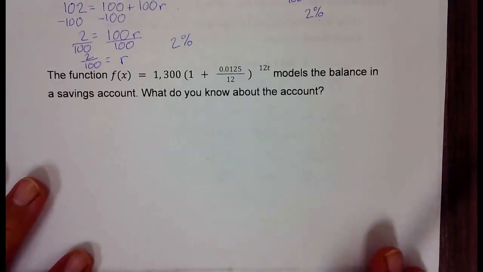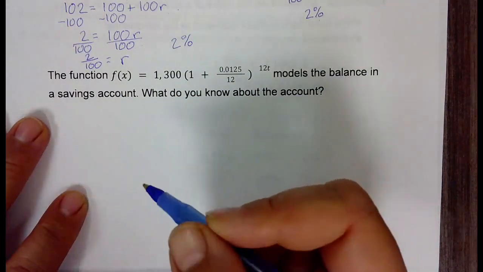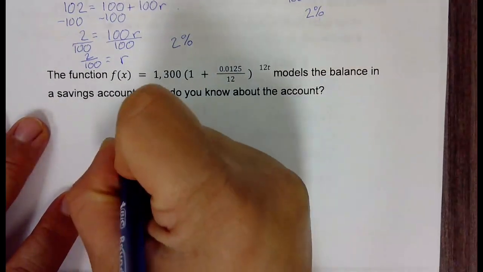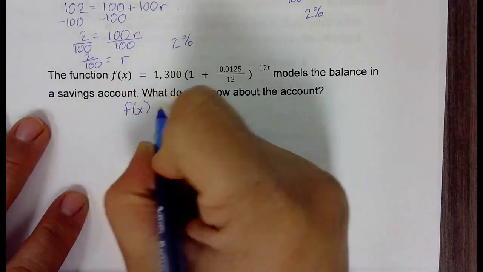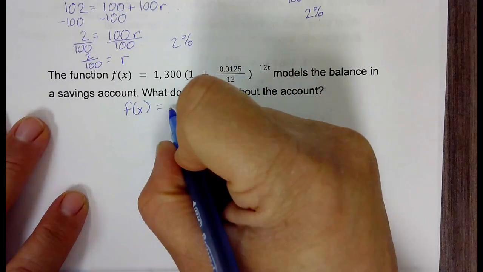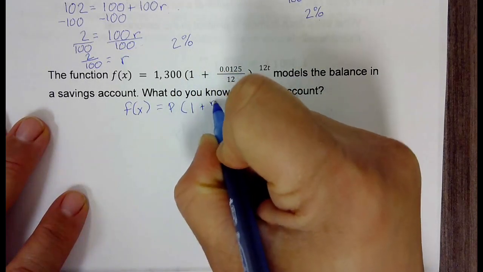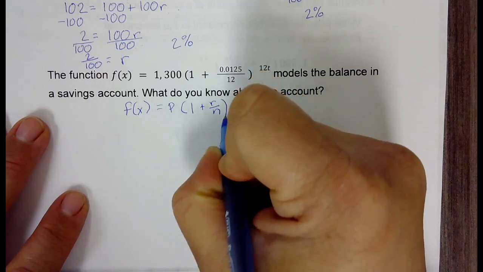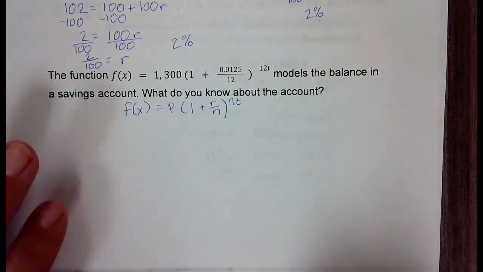So I'm going to compare here this function with my compound interest function. So the compound interest function says f of x equals principal times 1 plus r divided by n to the power of n times t.